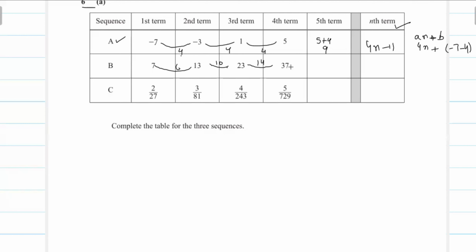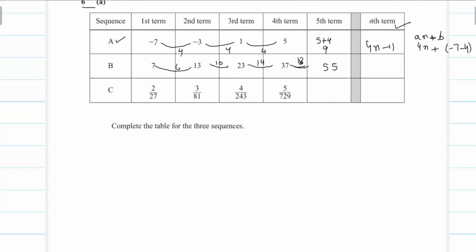Therefore, the next difference will be 18, and we add 18 to 37. Therefore, we get 37 plus 18, that will be equal to 55. The fifth term here is 55.